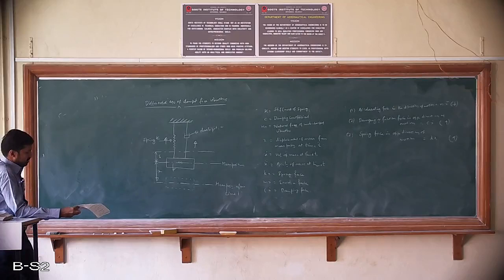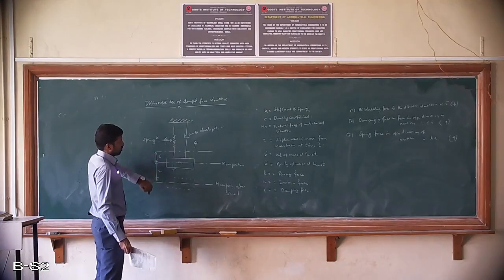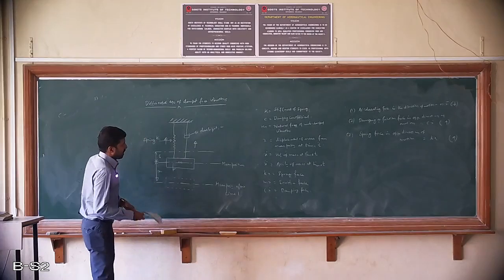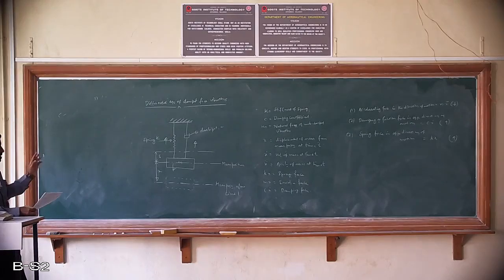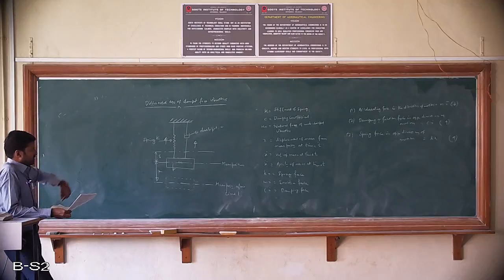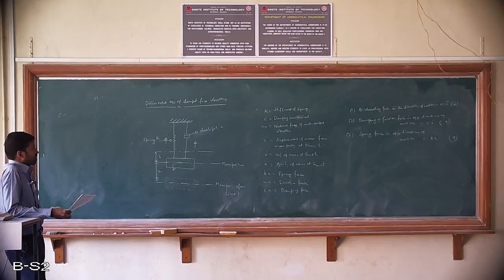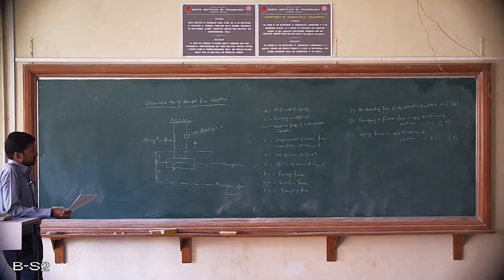For this body to remain in equilibrium, the sum of inertia force and the external forces in any direction should be equal to 0. It means then only the body is going to remain in the equilibrium. The sum of downward force should be equal to the sum of the upward force, so that the body remains in the equilibrium condition. So if we add the downward forces and the upward forces, its sum should be equal to 0.